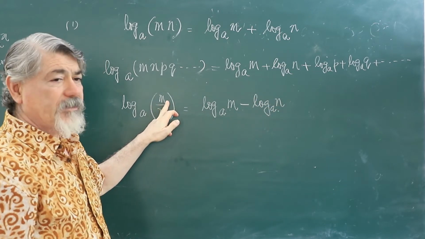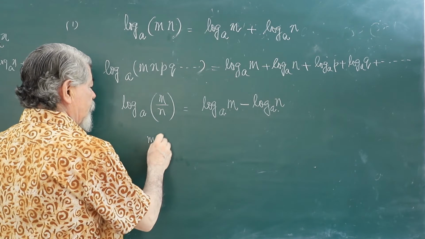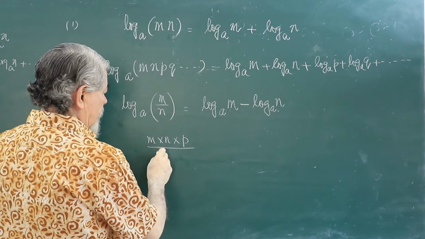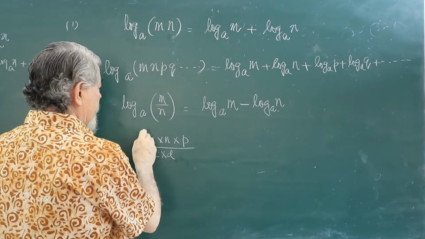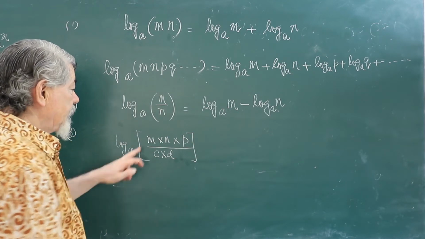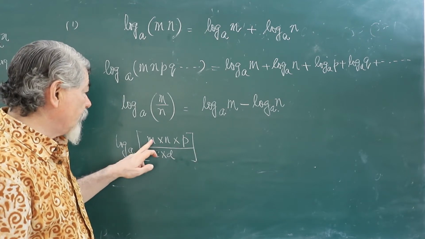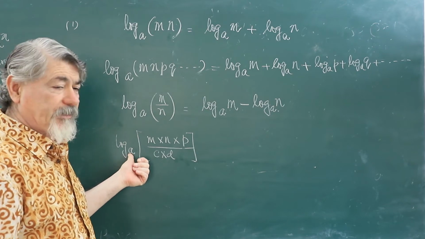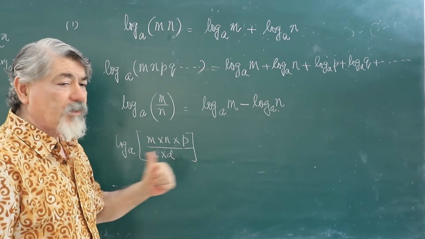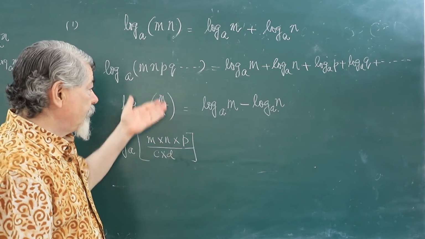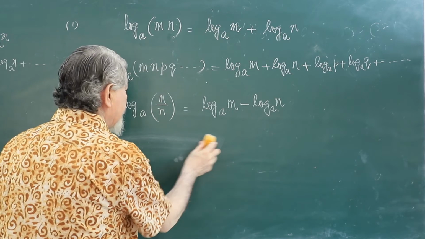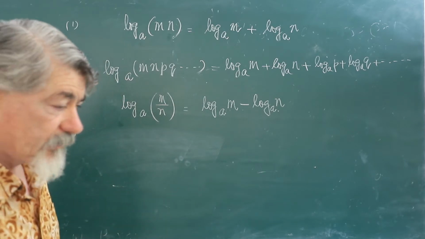For example, if it is m into n into p upon c into d, and I want to take the log to the base a, then whatever is in the numerator will become log m plus log n plus log p to the same base a, and this c and d will become minus log c minus log d. So we can combine the above two laws into a single thing, and this will be used in longer calculations.